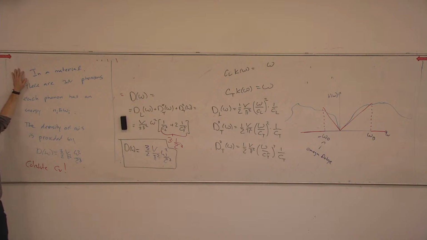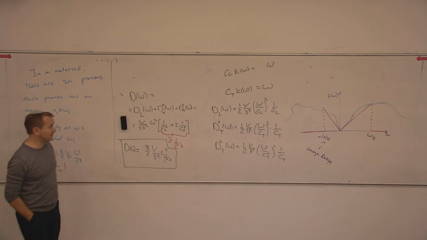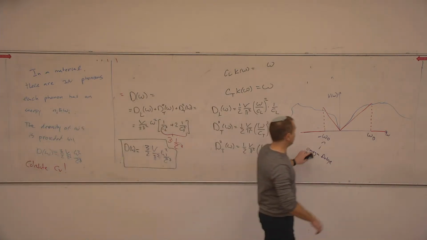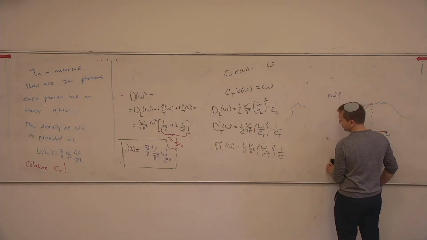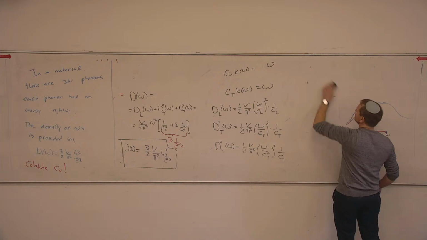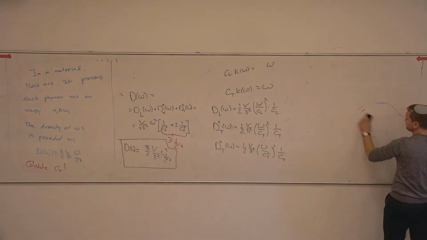Independence not of particles but of phonons. Each phonon has a specific energy. We had no idea what the omegas are, but Debye somehow managed to show us that we know the density of all the different omegas. Great. So now we can start our problem.